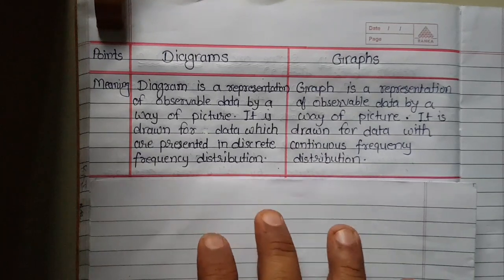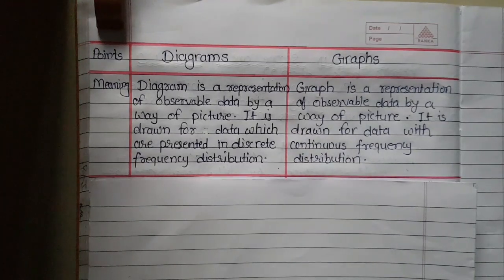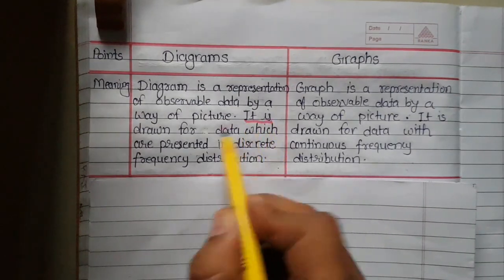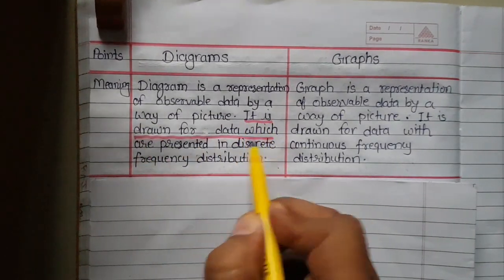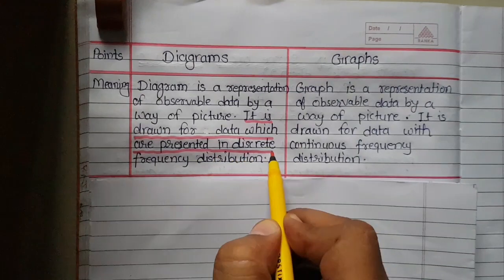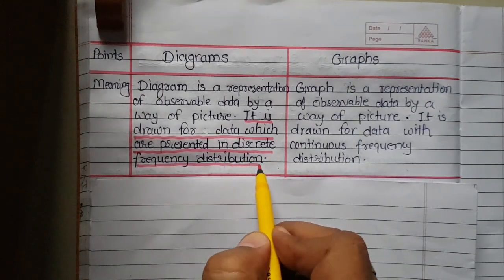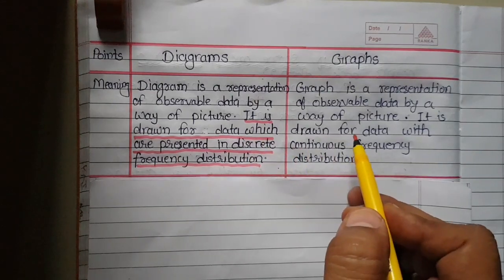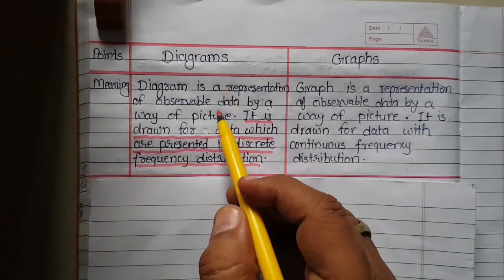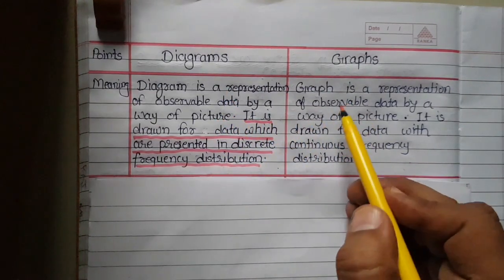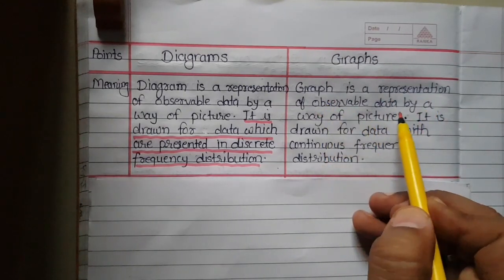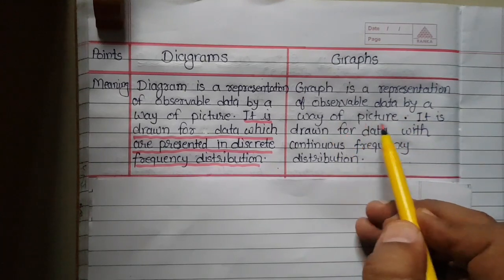Friends, this is the main and basic difference. As you can see, it is drawn for the data which are presented in discrete frequency distribution. This is the main difference between diagrams and graphs. Otherwise, the first three lines are the same in graphs also. You read, a graph is a representation of observable data by way of picture.